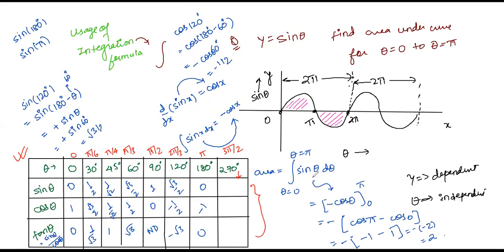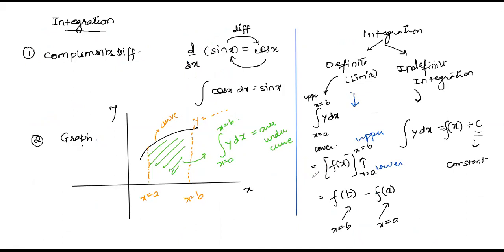Then we also understood initially that integration has different ways of understanding it. One of the most important ways is to think of integration as just the opposite of differentiation. If you differentiate something and get cos x, it means when you integrate cos x, you should again get that something, right? Now, area under the curve is what the second application of integration is concerned with.